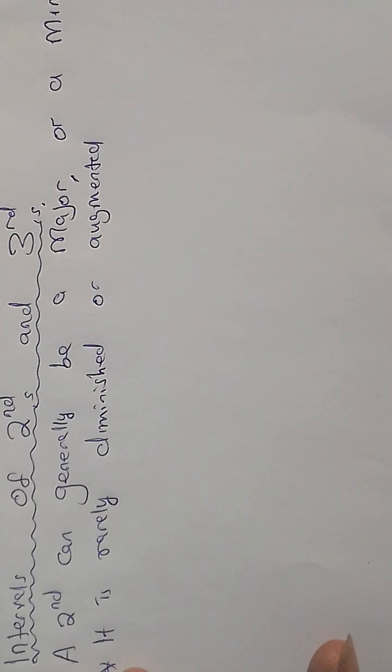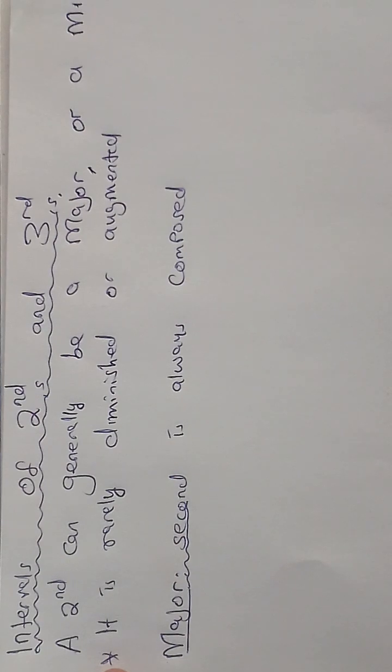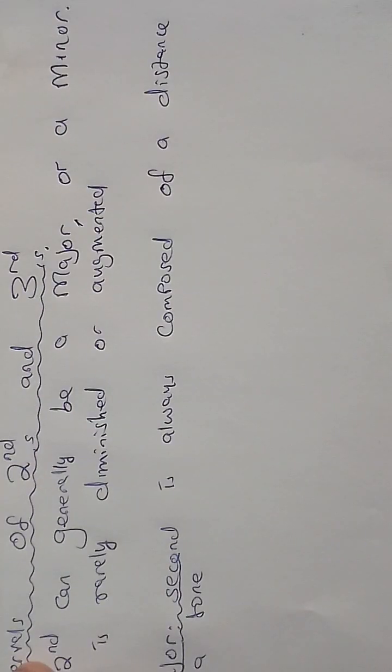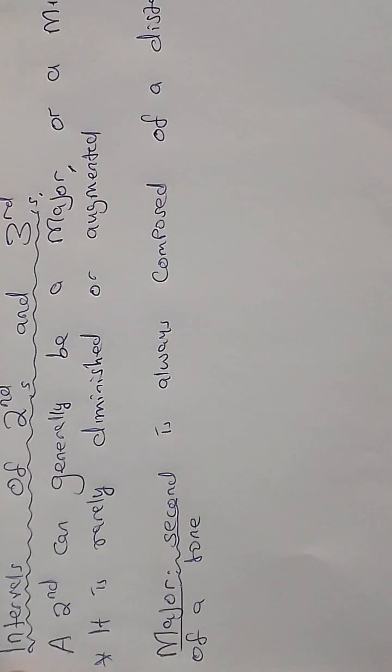A major second is always composed of a distance of a tone. Remember we said a tone is a composition of 2 semitones. A semitone plus a semitone makes a tone. And we said that a semitone is the smallest distance from one key to another on the keyboard.